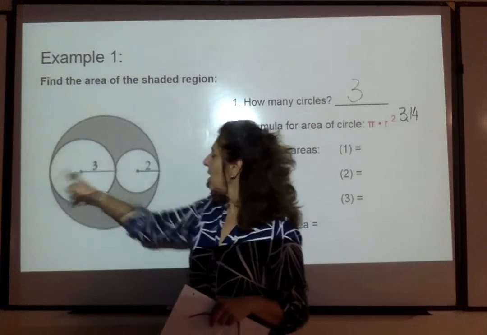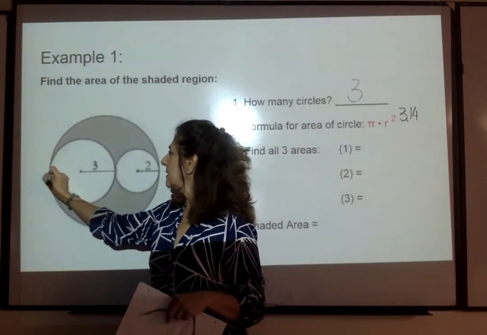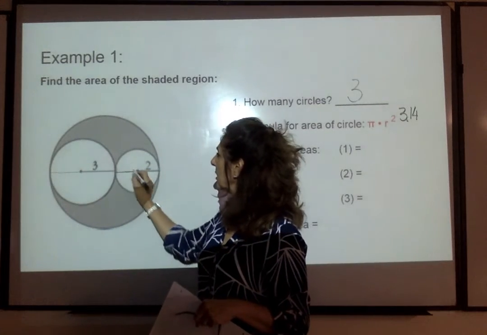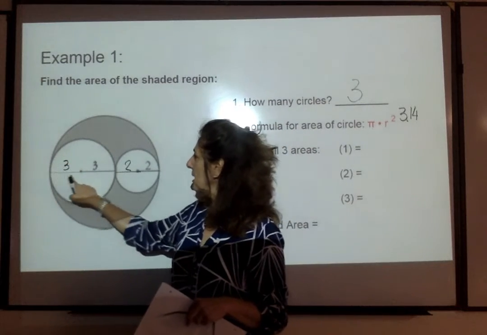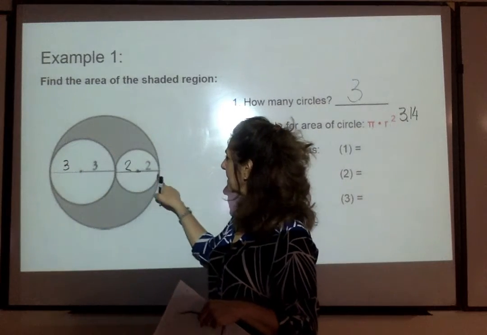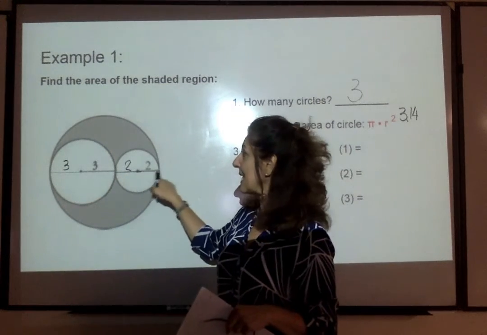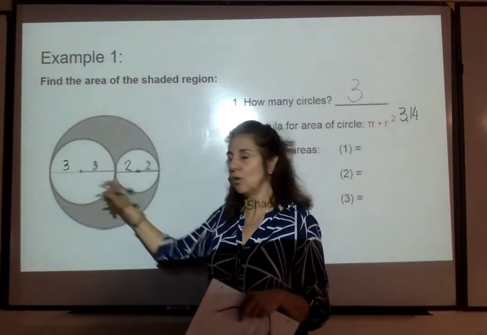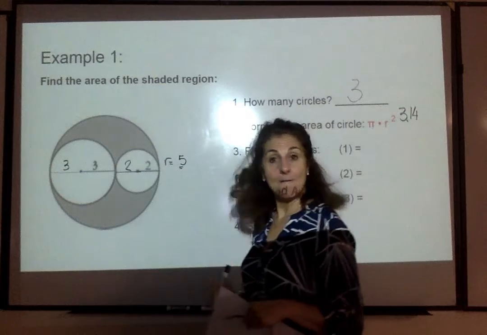If you see, they are attached, so they are connected here, which means that if I straighten here, if I continue here, this is 2 and this is 3. So here I have the diameter and the diameter. So that means 3, 6, 8, and 10. 10 here is the diameter of the big circle, which means that the radius for the big circle is 5.